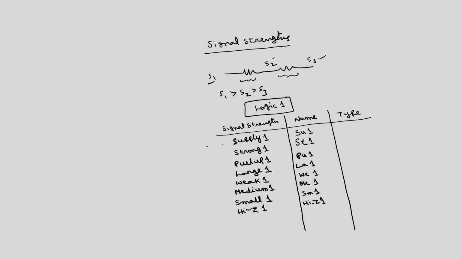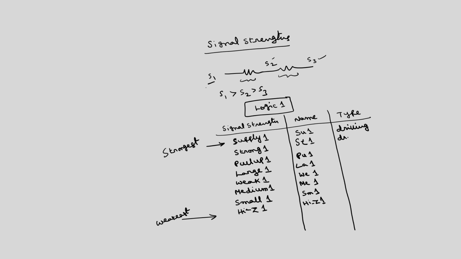Okay. This is the strongest and this is the weakest, high impedance. High impedance is nothing but open circuit. This is floating. So, as for the type, we can use supply 1 for driving.